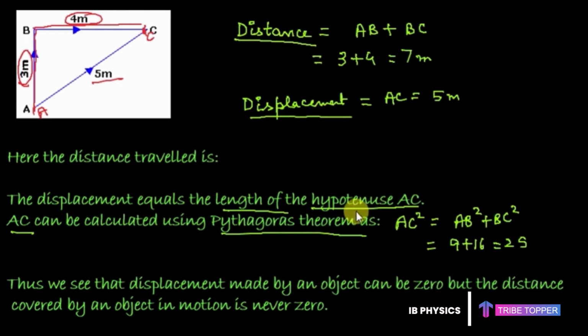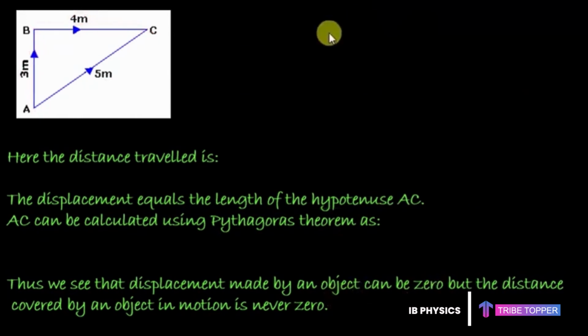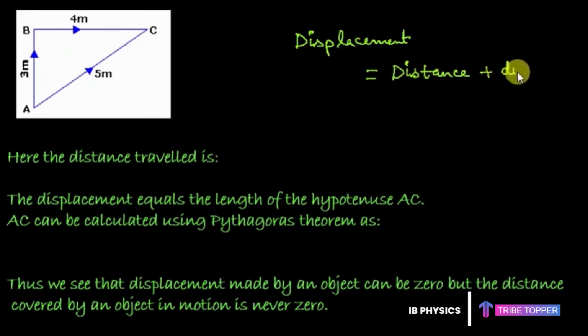Right? Now, one more thing, precisely, if I would say, precisely the displacement is nothing but distance plus direction. So displacement is something where the direction also matters. So when you say distance plus direction, then that gives you displacement.